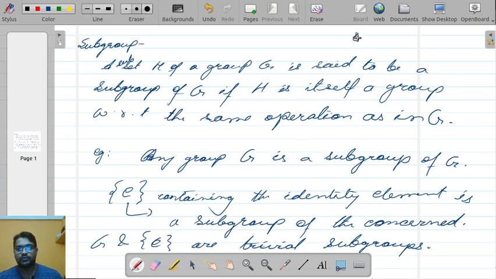except for G equal to singleton E itself. If the group is itself singleton E, then it has only one subgroup, that is singleton E itself. In that case singleton E and G are the same thing.